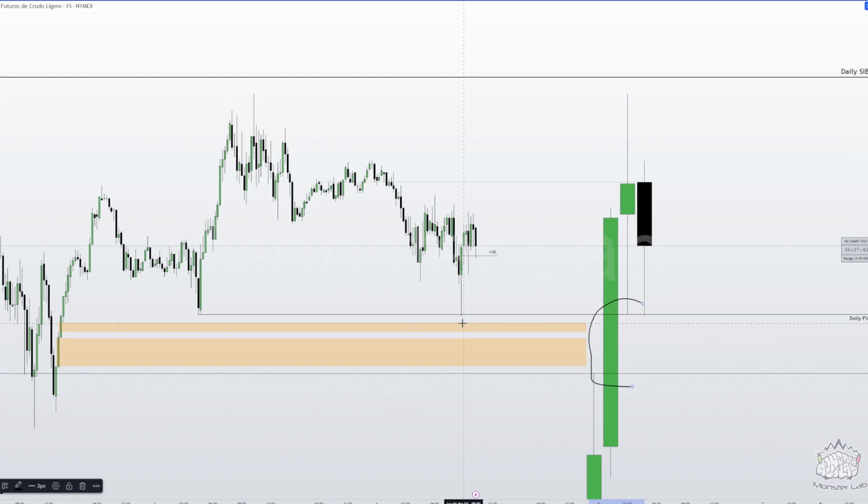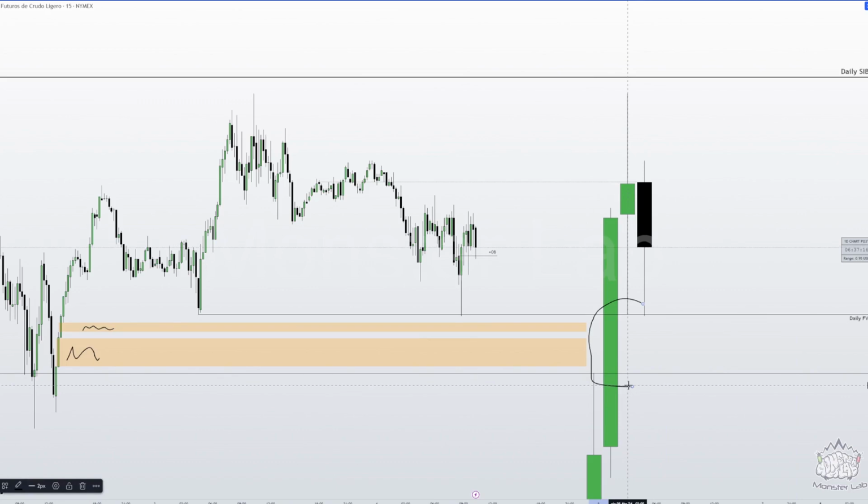So these two orange boxes here are the same PDRA as the higher time frame, but in a small fractal. Internal liquidity, fair value gaps, or BCs. But the important thing here is it's the same PDRA.